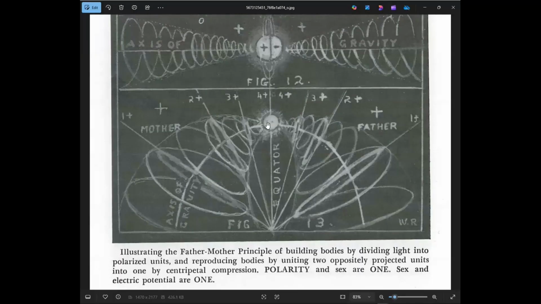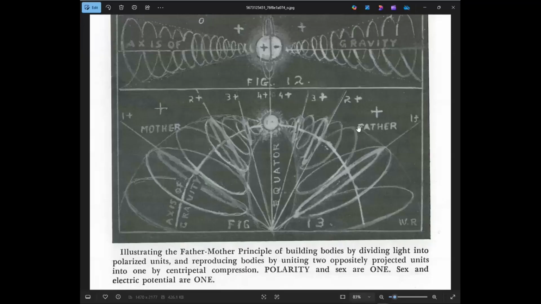As we talked about before, these two spirals would be in two cubic wave fields that are adjacent to each other. And this would be at the corner of one of those wave fields where that sun is. You'll see he's got one side labeled as mother and the other side labeled as father.